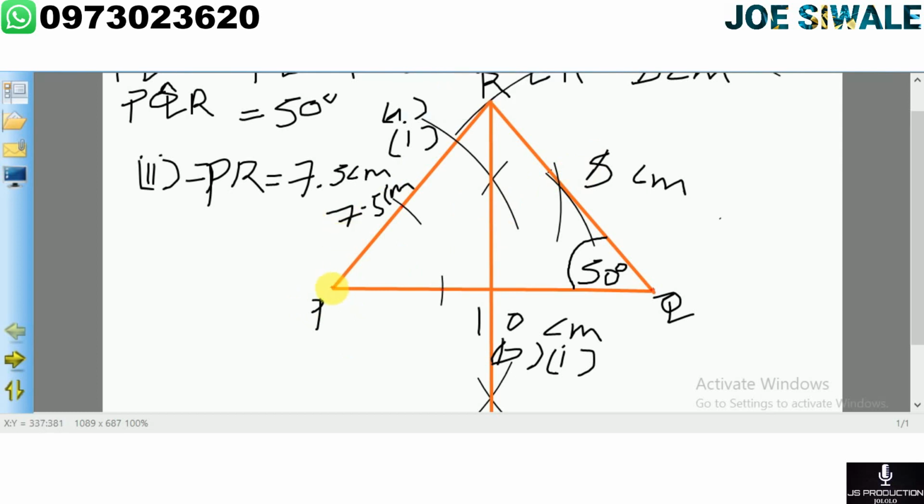So it must come from point P through this point. In doing that, that means I've answered question B Roman numeral 2. So this is question B Roman numeral 2.